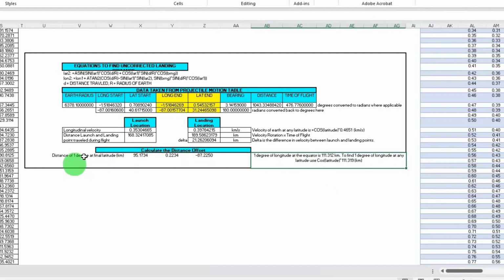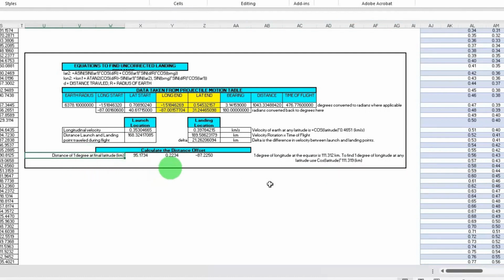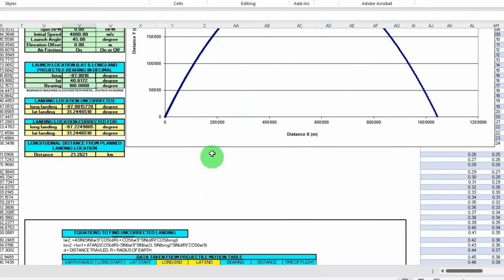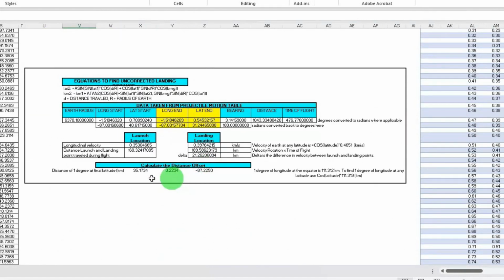So at the landing points, to get the degrees that I offset, so there's a delta, but in this case we're looking at just the south projectile still, because that's the data that I have plugged in going directly at 180. At the landing latitude, 3124, there's 95 kilometers per minute.